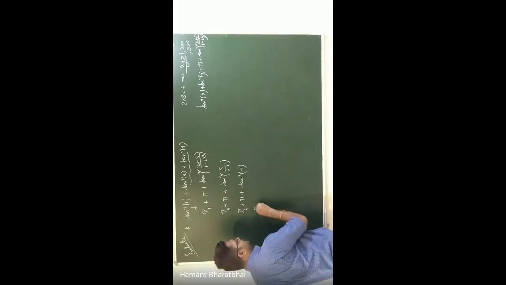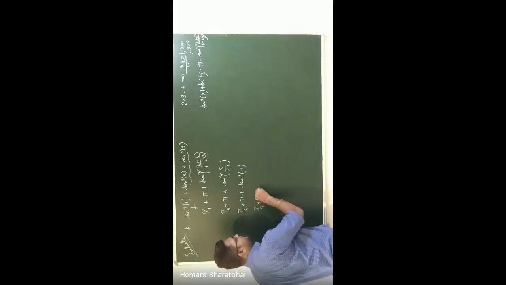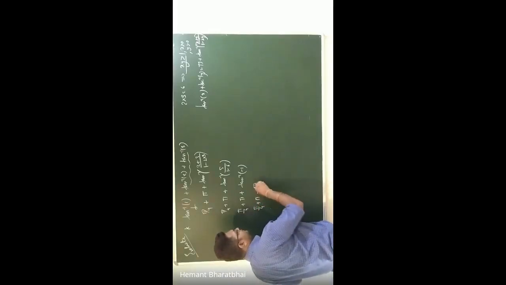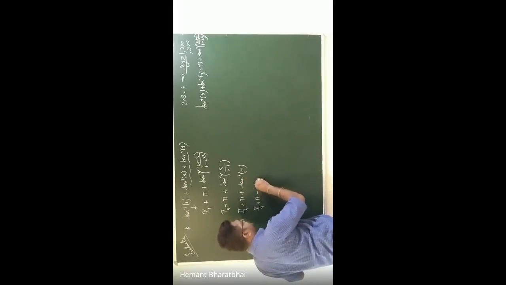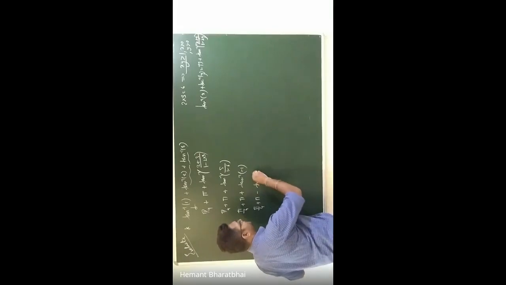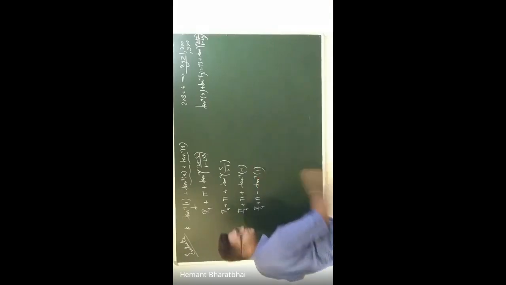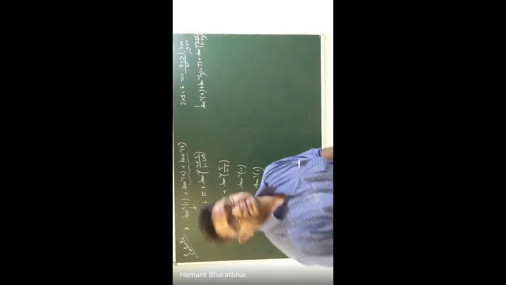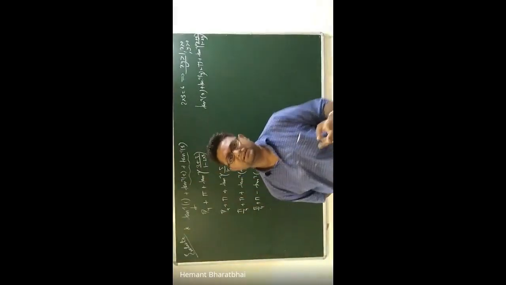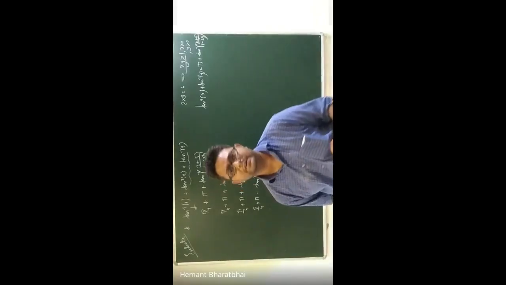Right? So I'll get pi by 4 plus pi minus, I can write it as, if you have doubts, tan inverse of minus 1 is minus tan inverse of 1. We have written this property also for sine inverse, cosec inverse and tan inverse. These are odd functions.